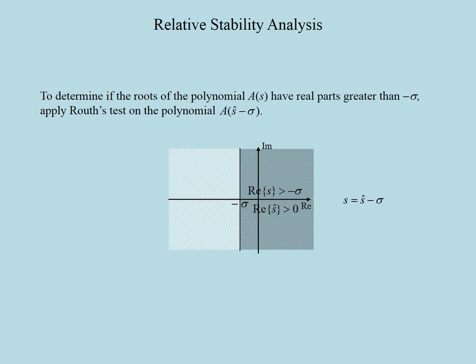So the condition real part of s is greater than minus sigma is transformed to the condition real part of s hat is positive. And the Routh test on the transformed polynomial can be used to check this condition.